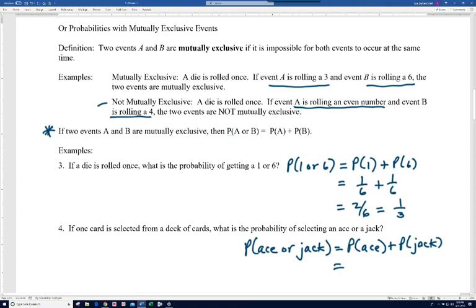And so the probability of getting an ace, well, there's 4 aces out of the 52 cards. The probability of getting a jack, same thing, there's 4 jacks out of the 52 cards. So we get 8 over 52, and that would reduce to, let's see, if we divide by 4, we would get 2/13. All right, let's go ahead and move on to the next slide.